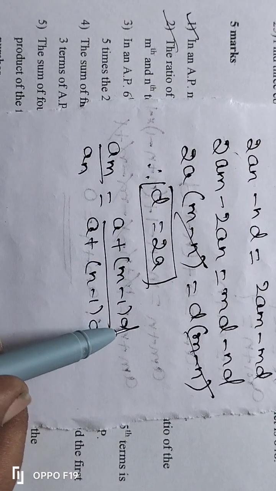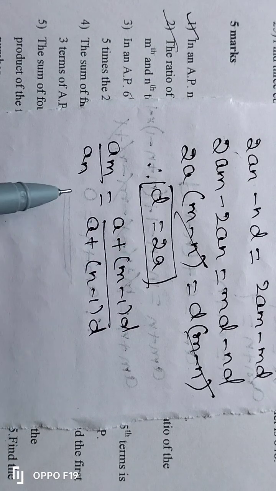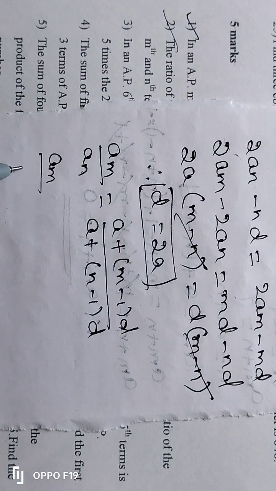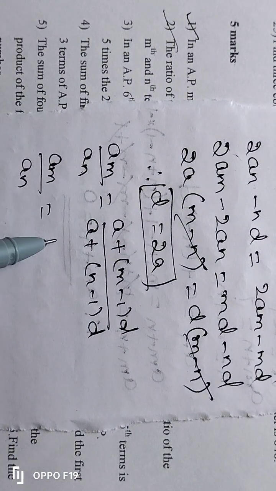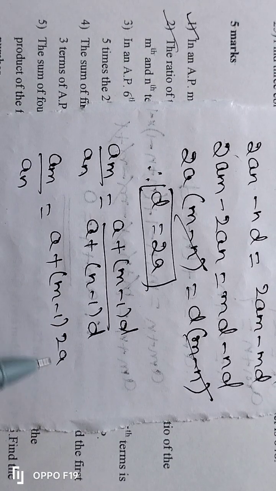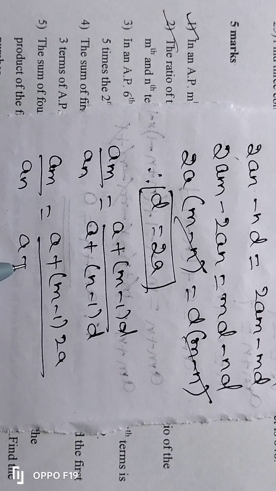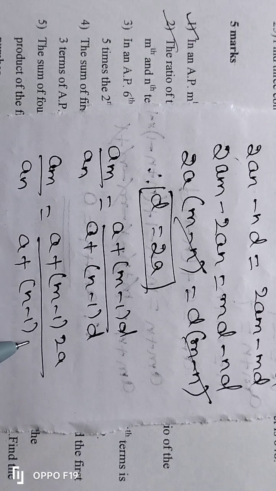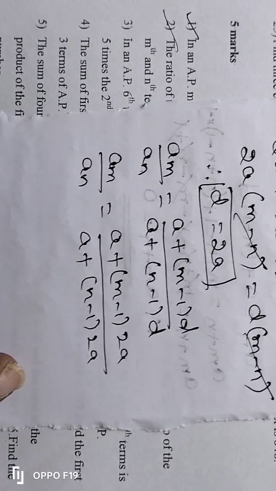In place of d you substitute 2a. So am divided by an is equal to a plus m minus 1 into 2a divided by a plus n minus 1 into 2a.